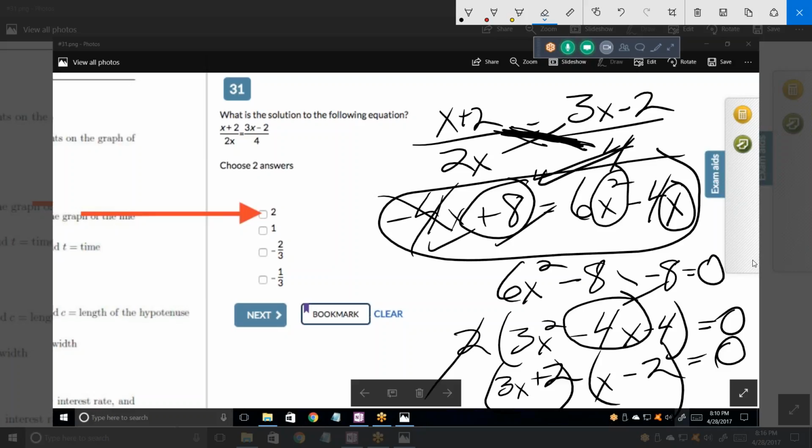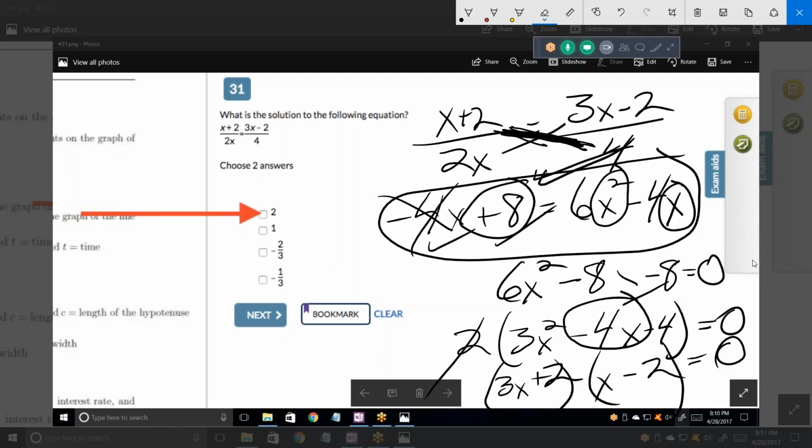Now, what are the answers? And it says choose two answers. Well, if I get 3x plus 2 times x minus 2 equals 0, how do I solve that?